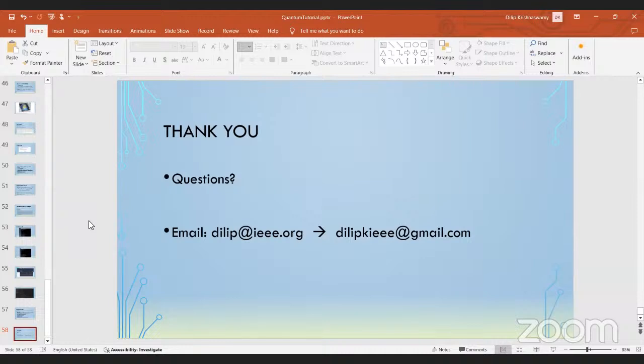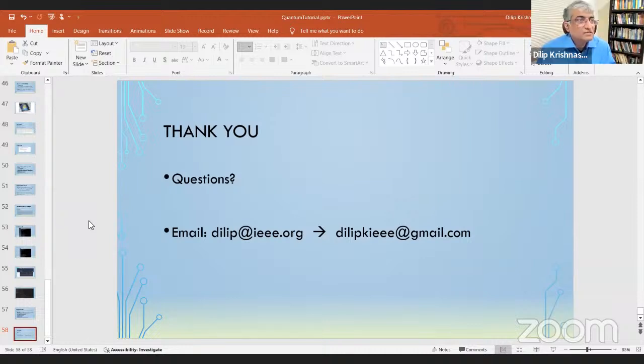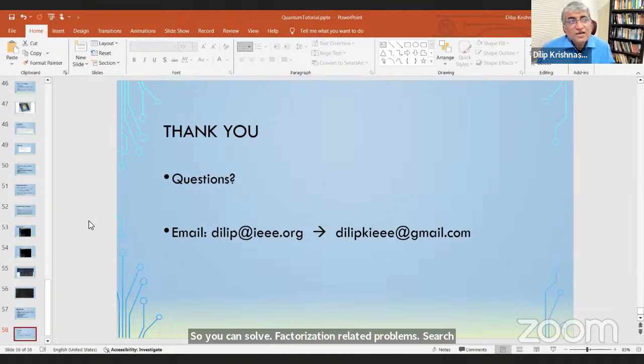So you can solve factorization related problems, search related problems, optimization related problems, and so on. These days, though, there is a problem with all of these quantum computers, in that the qubits are not reliable. So if, for example, you go through IBM's Qiskit simulator, you'll get an answer which is accurate.